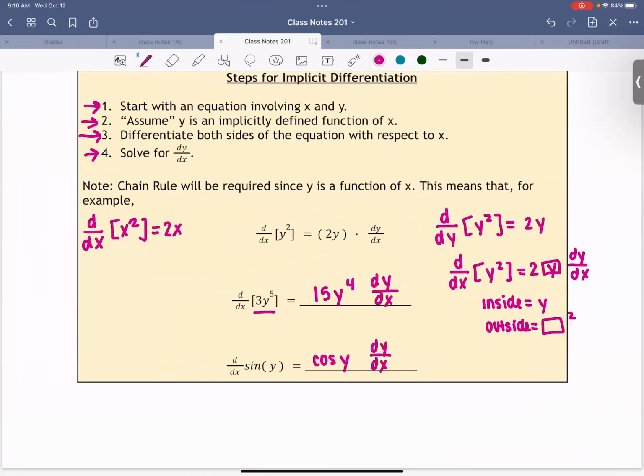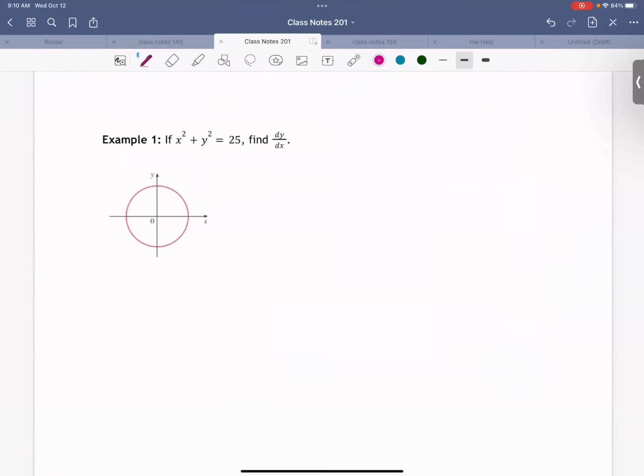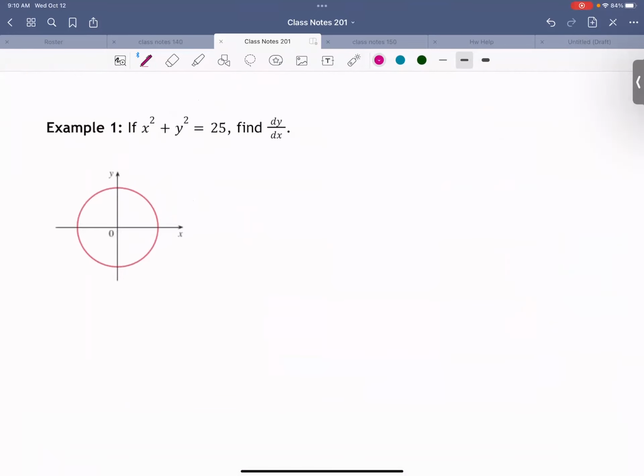All right, let's move on and get a little bit more complicated. Let's say we want to find the derivative of our circle. We want to find dy/dx, and I don't want to solve for y, I just want to find it implicitly. Of course, I can solve for y and find the derivative with respect to x, but it gets a little tricky because we have two functions kind of being hidden here.